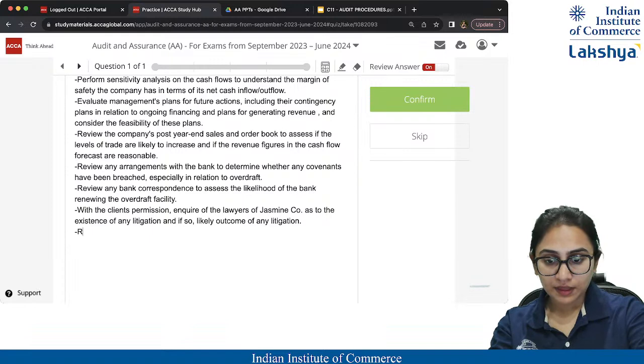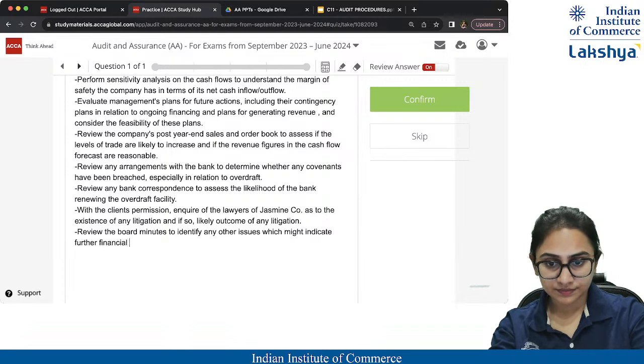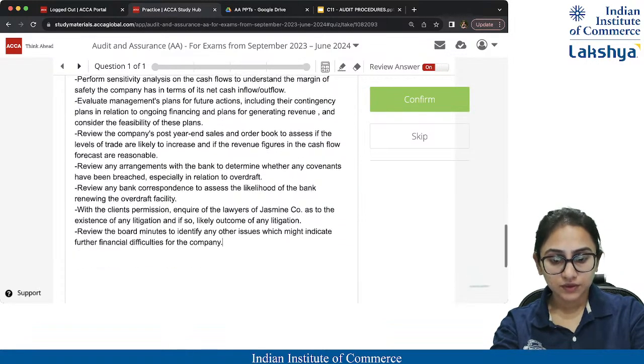So review the board minutes to identify any other issues which might indicate further financial difficulties for the company. Okay, so that's for 5 marks.